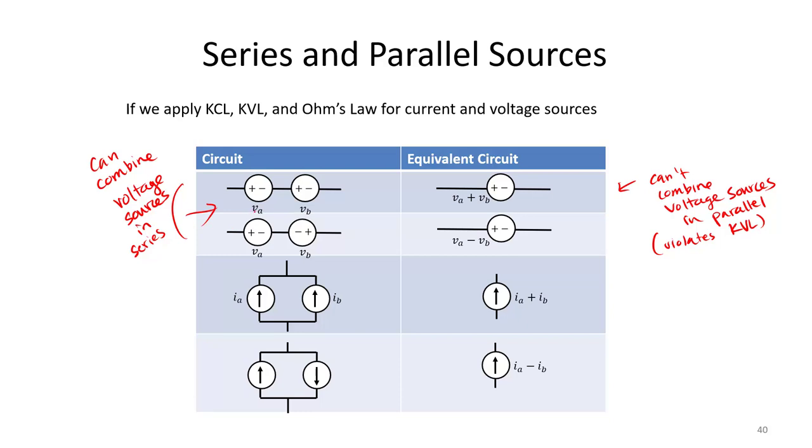And if you do combine them, notice depending on polarity, if you have two in series with the polarity matching, then you'd just directly sum them, so you could just sum VA plus VB. But if the polarities are reversed, then you would subtract the two. Similarly, you can combine parallel current sources.